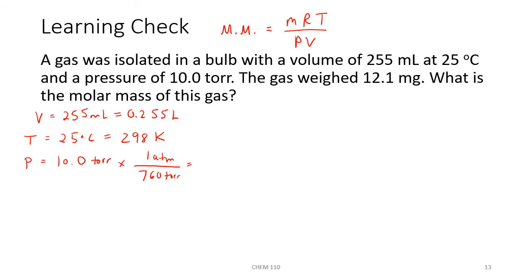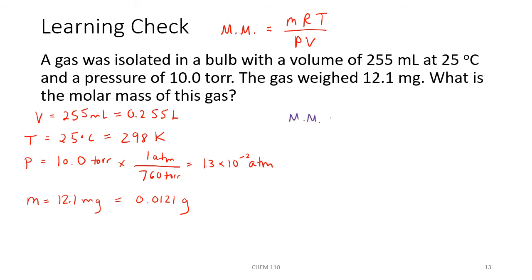We're going to end up with 1.3 times 10 to the negative 2 atmospheres. And our mass was given to us in units of milligrams, and molar mass is defined as grams per mole. So converting our milligrams into grams, 12.1 mgs will equal 0.0121 grams.